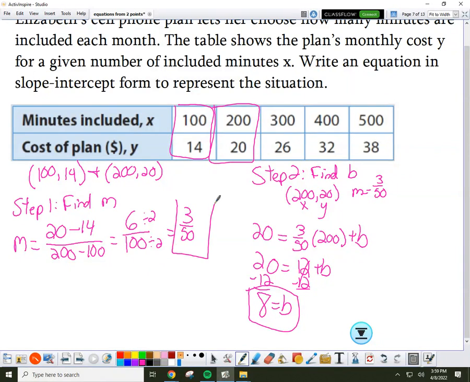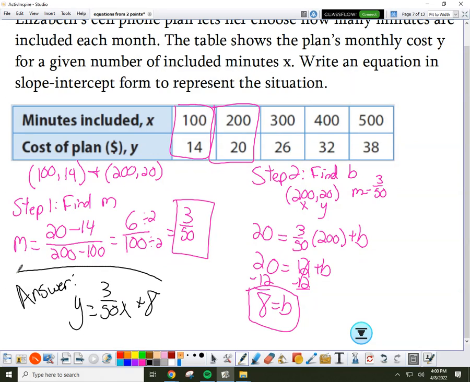My slope, which is 3/50. So our last and final step is to get the answer, which is going to be y equals 3/50 x plus 8. And there's our solution. That's our equation.